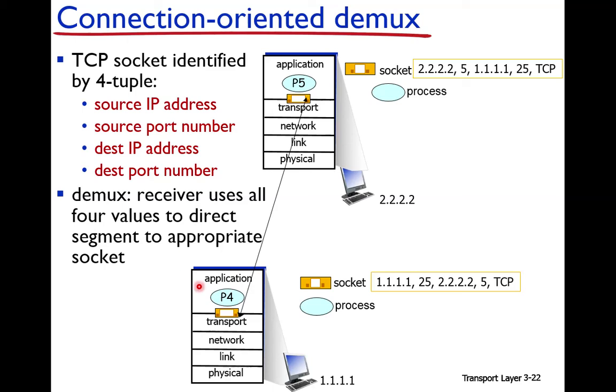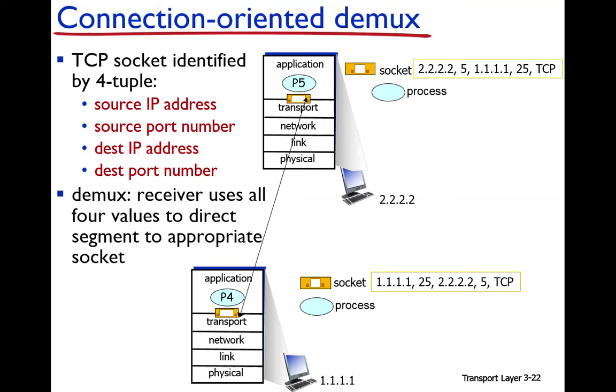It means that when TCP at the transport layer receives data and wants to pass that data to the socket, to the application, it uses these 4 tuples to identify which socket, which application, the data is for.